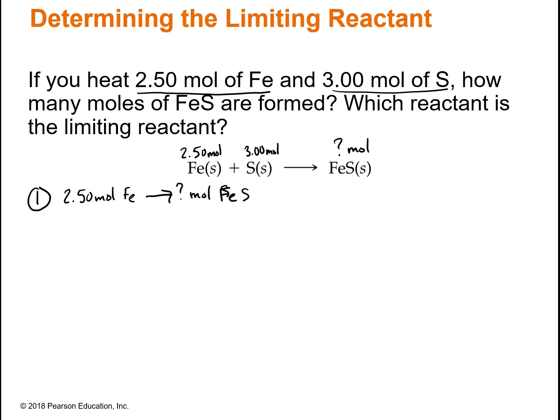We would do that the same way that we've been doing it. You take the number of moles of iron, you write a mole factor, or mole ratio, same thing. That will get us from the number of moles of iron to the number of moles of iron 2 sulfide.